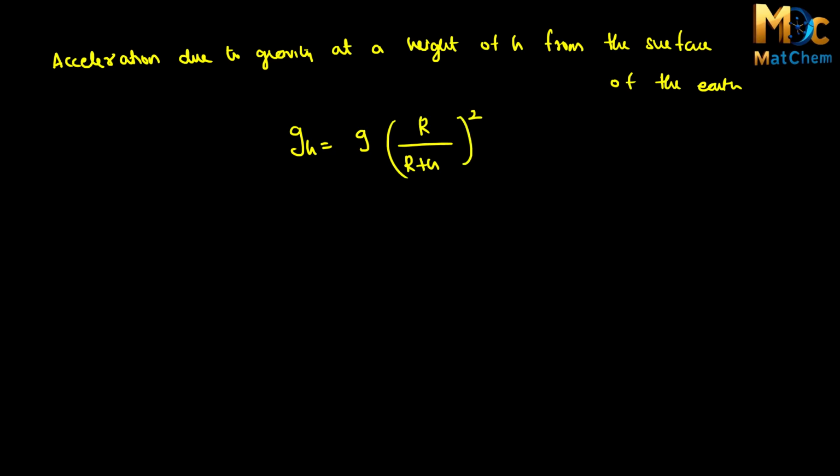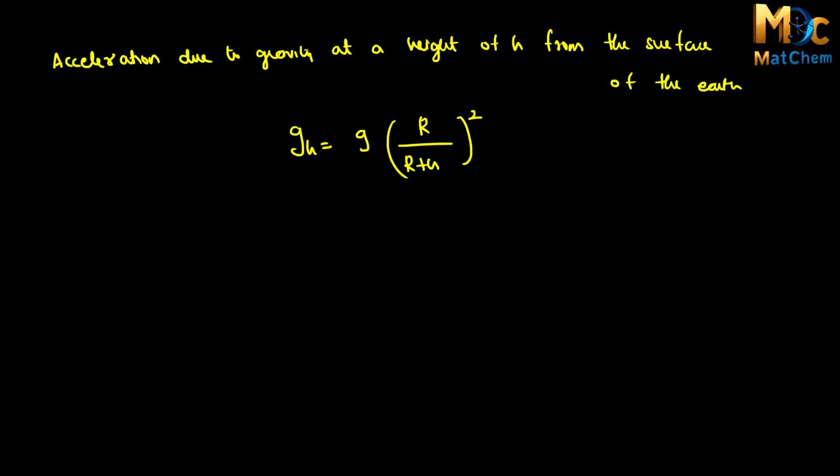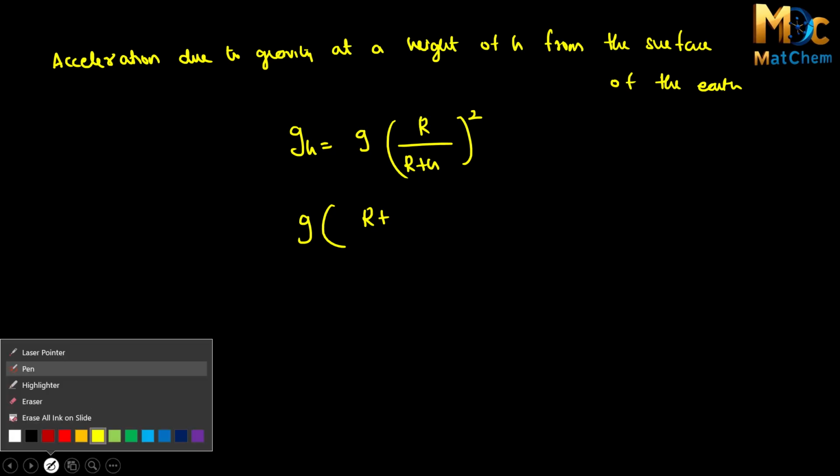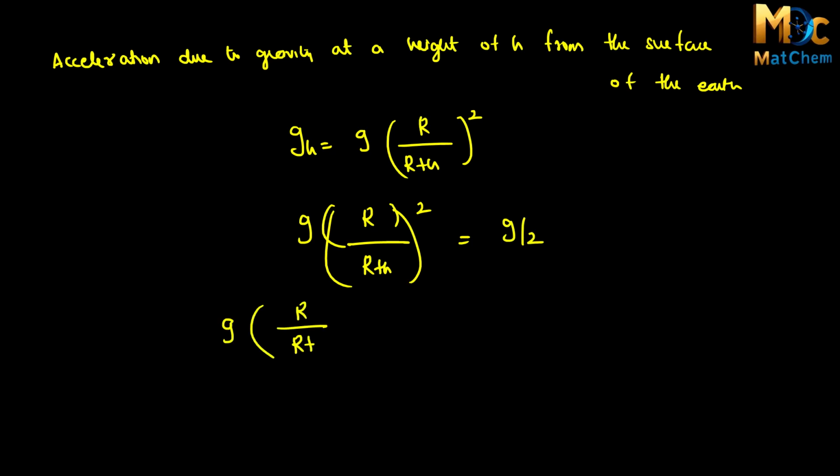This value has to become equal to this particular acceleration due to gravity, g by 2. So we can equate it. I'll write once again: g into R upon (R plus h) the whole squared equals g by 2. g and g will get cancelled.